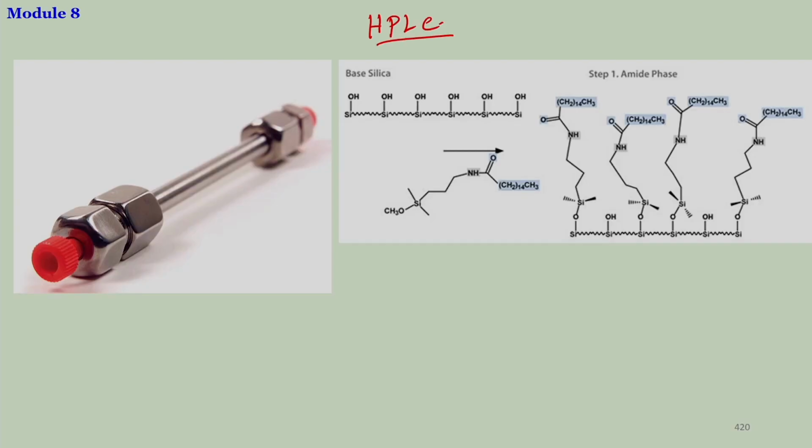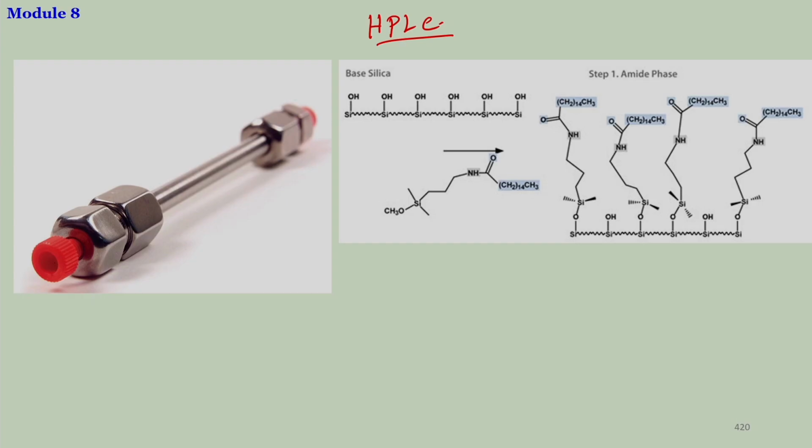that such kind of column is being used, which is usually filled up with a stationary phase. In this case it is silica. So I have talked about reversed phase in the last lecture. There are many kinds of HPLC columns, based on different types of physical principles, depending upon the physical properties of the material that is inside the column.